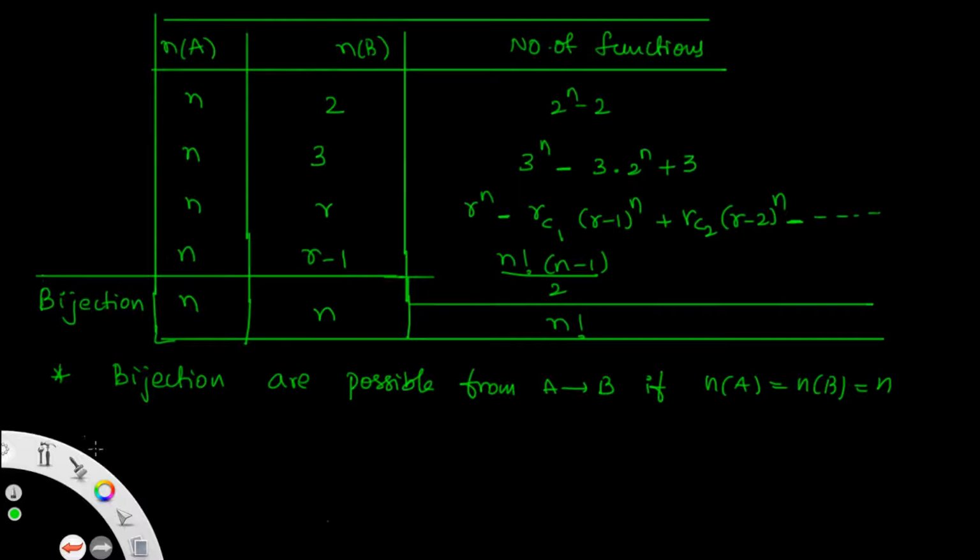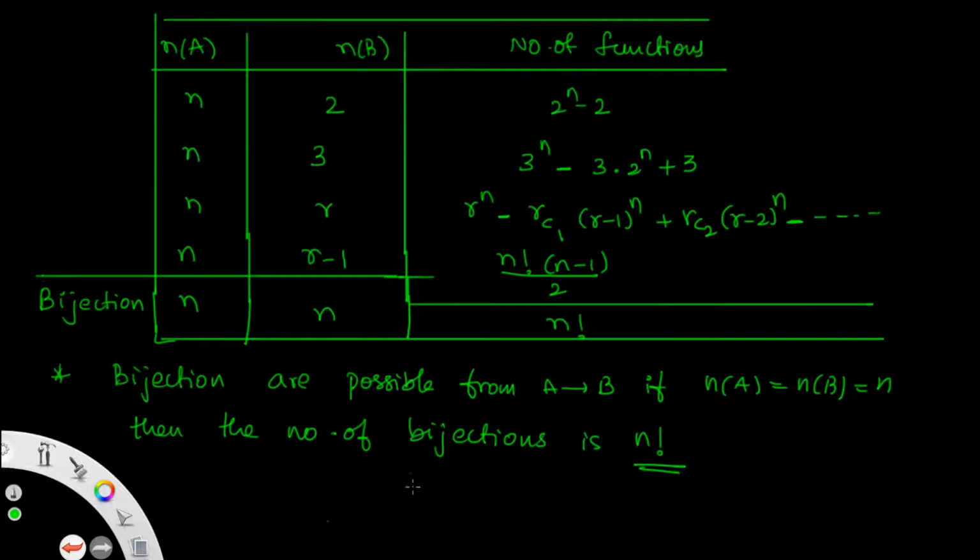Then the number of functions, here bijections, the number of bijections is nothing but n factorial.